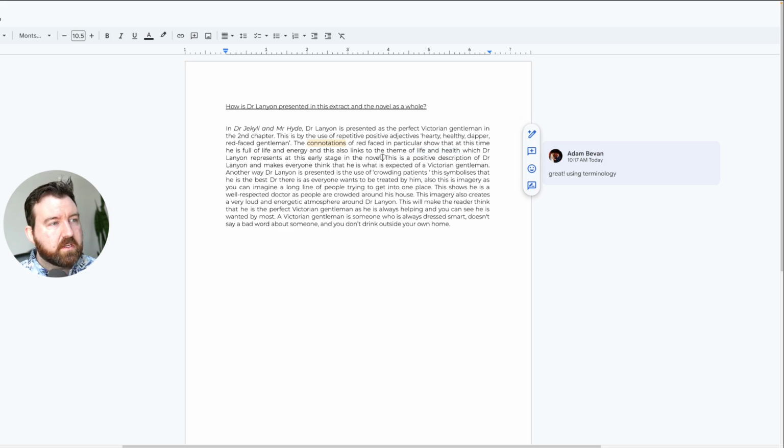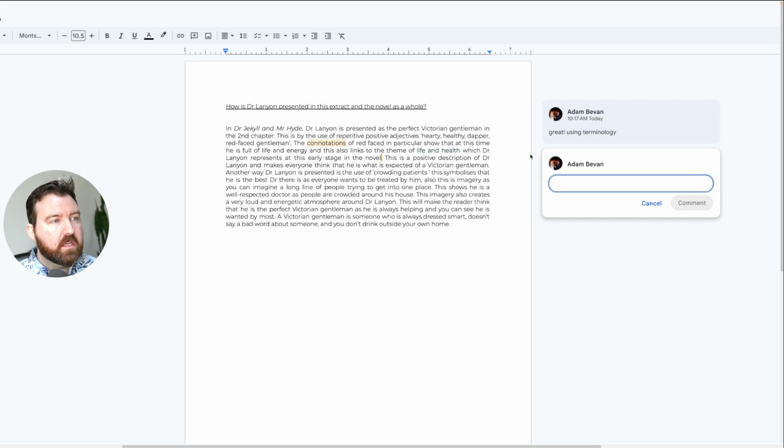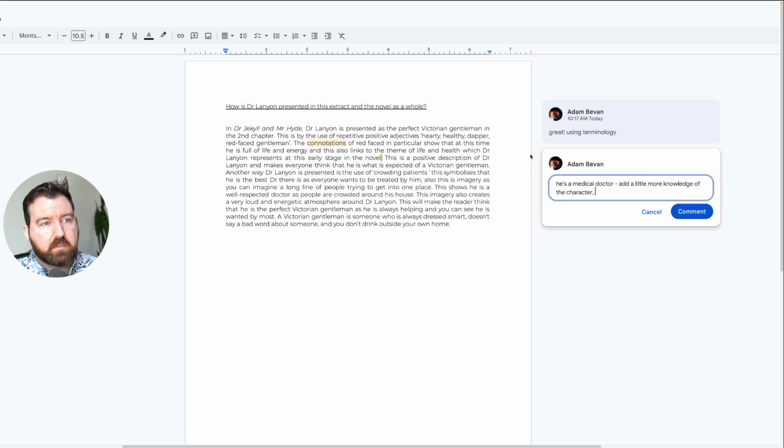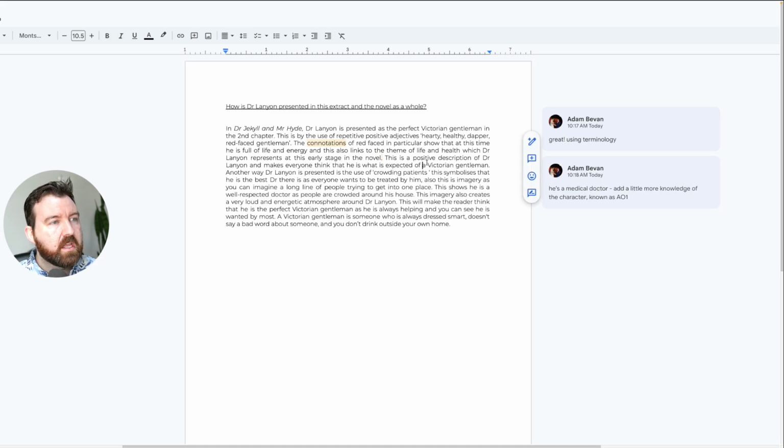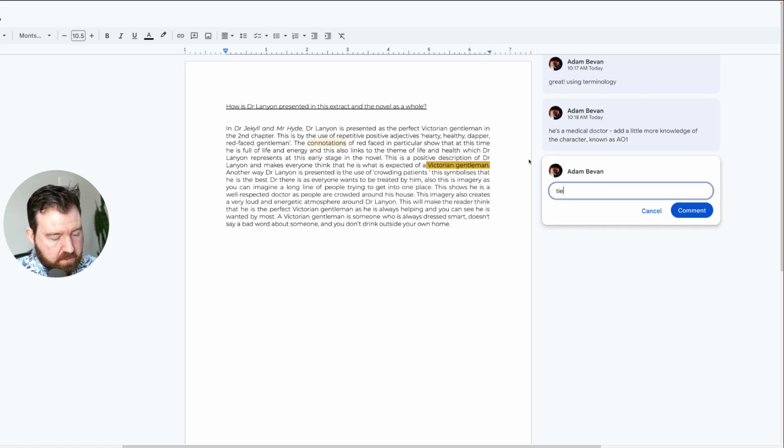You could probably go further, which is you could talk about how this maybe makes sense since he's a medical doctor. So you could add a little more knowledge of the character, known as AO1, which is one of the three major assessment objectives for you. You wrote: this is a positive description of Dr. Lanyon and makes everyone think that he is what is expected of a Victorian gentleman. Excellent. So you're starting to try to tie into context.